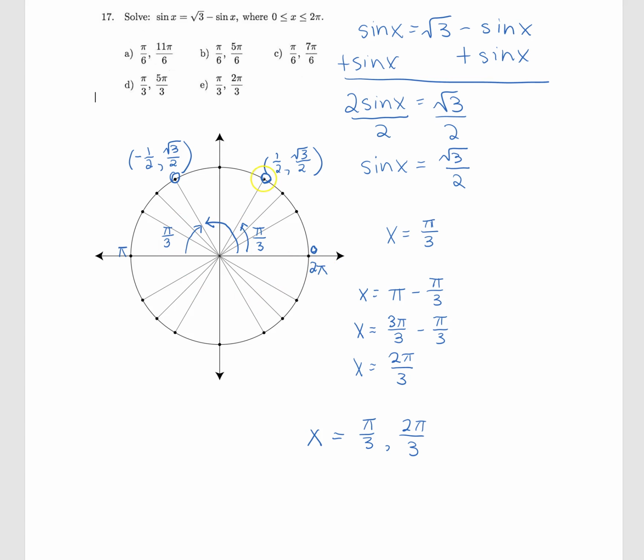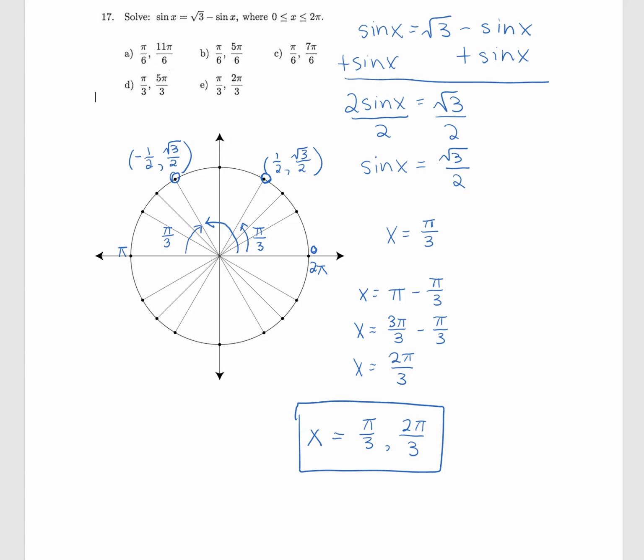So these are the 2 points with a y value, or sine x, of root 3 over 2 that fall on one revolution of this unit circle. Down here, those points would be negative root 3 over 2. So those don't work. And this is our answer for x for question 17.